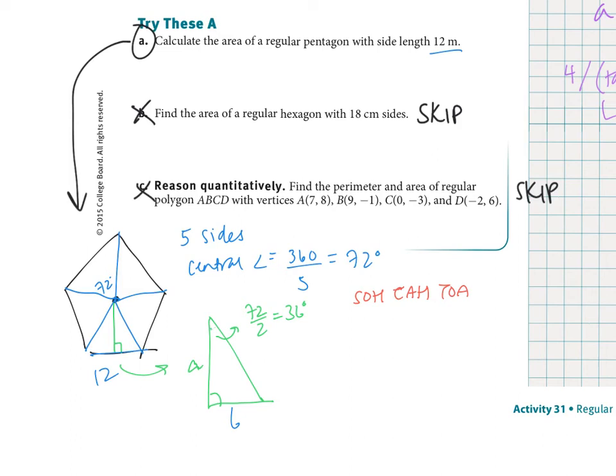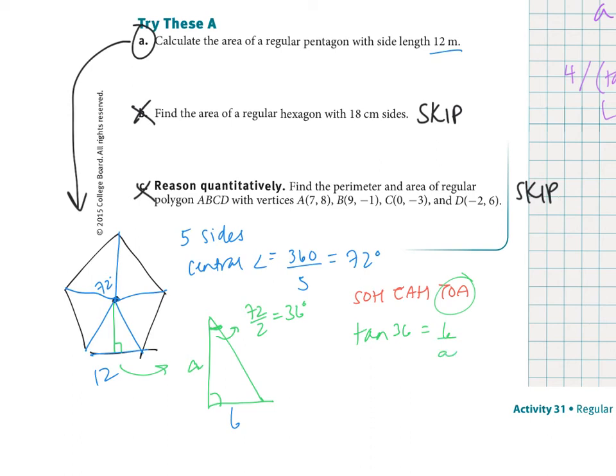So we have this angle, we have the opposite, we have the adjacent. Ironically, we're doing TOA, tangent, again, so that means we're setting up tangent of 36 degrees. Remember, tangent or sine or cosine, whatever you use, always goes with the angle. And then we're setting it up as opposite over adjacent, which is 6 over A.